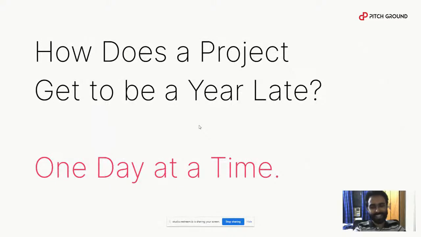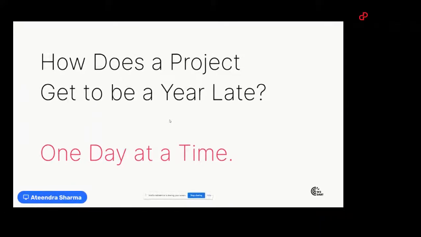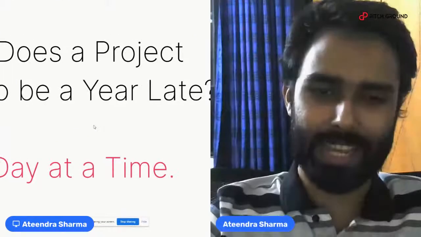So yeah, project delays are a big pain for all stakeholders. They are a pain for the client, for the agency owners who are trying to grow their agency, and for the team members as well, who have to scramble and try to understand how they can fix these project delays.